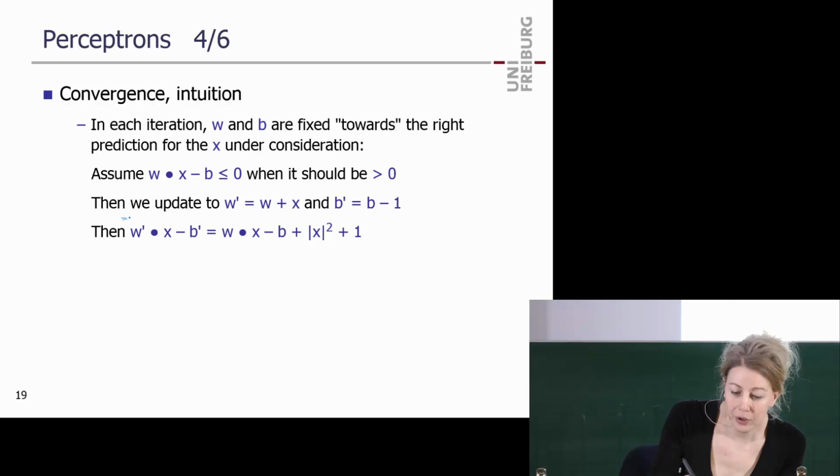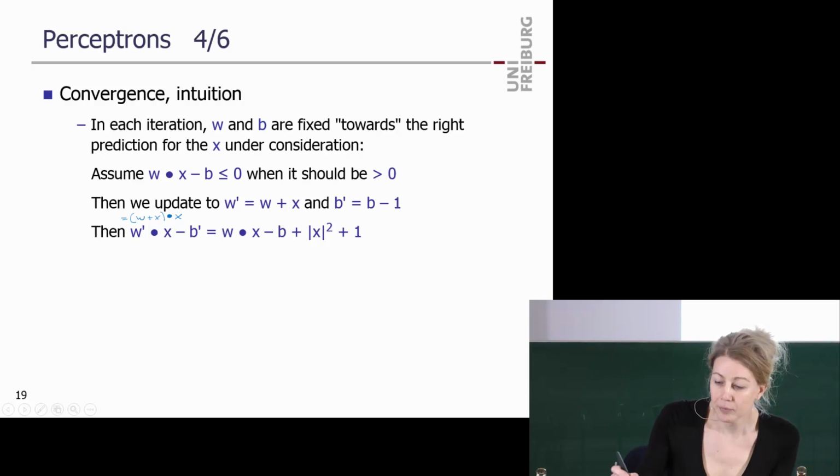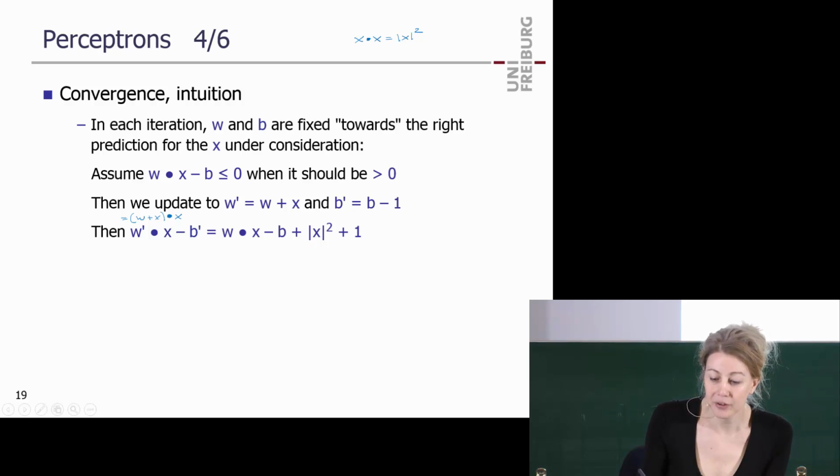So this is now w plus x times x, right? So it's w times x plus x times x, right? So x times x, which I already had on the previous slide, is just the norm squared, right? And minus b prime is just b minus 1, so it's just what I had before the update, yeah?